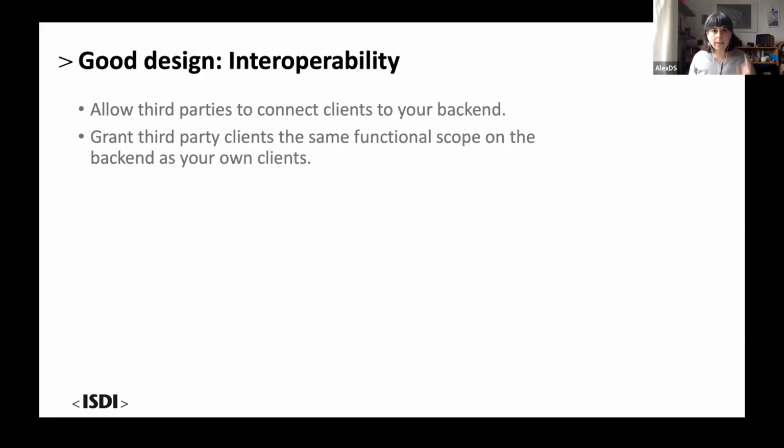And then lastly, think about interoperability: how you might allow third parties to connect to your product because it enhances the use of that product. It makes that product more powerful because it's talking to Google Calendar or some health app somewhere. And how do you grant those third parties access to some of the functionalities in order to ensure that your customer is protected?